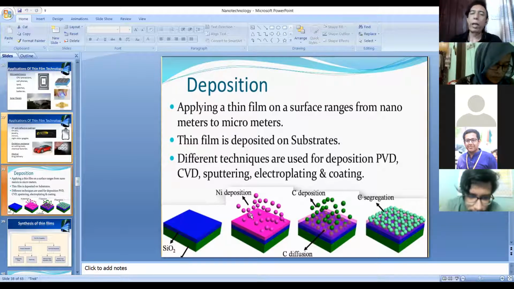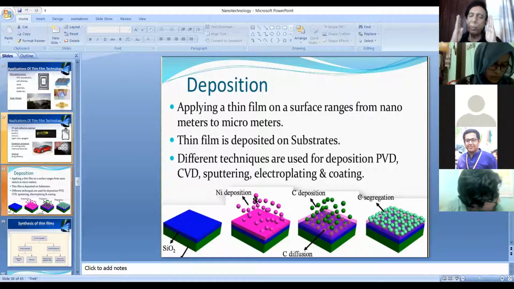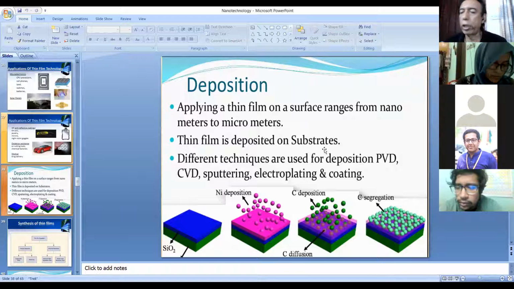And we will see how those atoms will be assembled in future slides. But to prepare a thin film, the most important thing, we want a substrate.